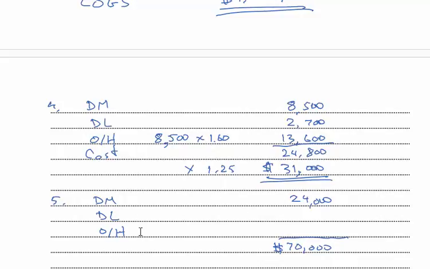So overhead we know is 1.6 times 24,000, and that should work out to 38,400. And so now we just have to plug what plus those two equals 70,000, and that should work out to $7,600. And that concludes the problem.